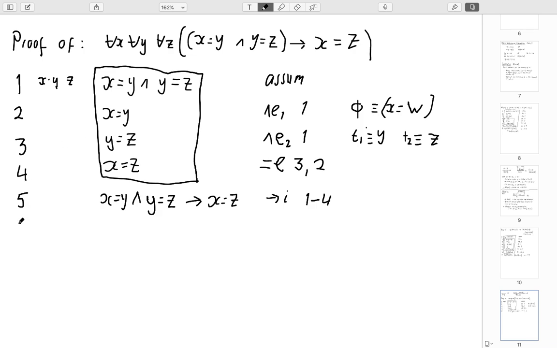So line 6, we're going to show for all z. And let me just put these marks in to say that we're taking the formula above. So this is for all introduction from 1 to 5.